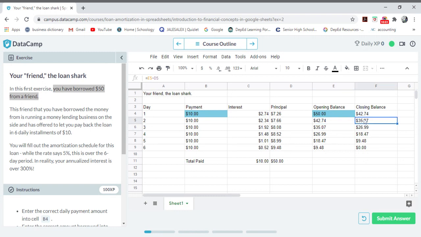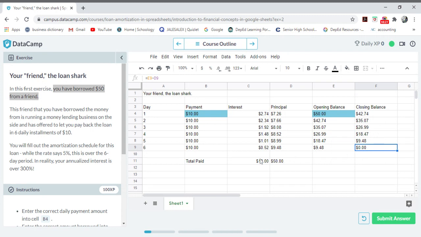So don't be confused, and your answer should always be accurate, because if you get just one mistake here, then all of your solution will be wrong as well. So you will do this until you finish paying off your debt.